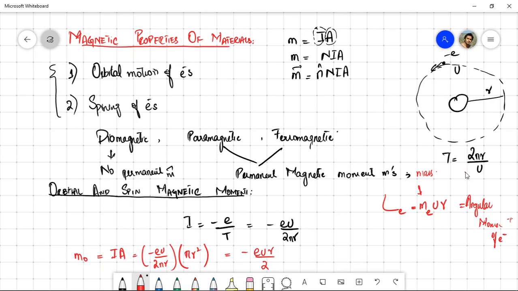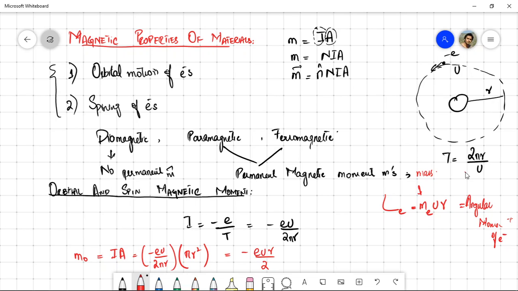We will talk about the value of the angular momentum of the electron, but we will not go deep into this concept because it corresponds to quantum physics. According to quantum physics, orbital angular momentum is quantized. It is not continuous, it is discrete.